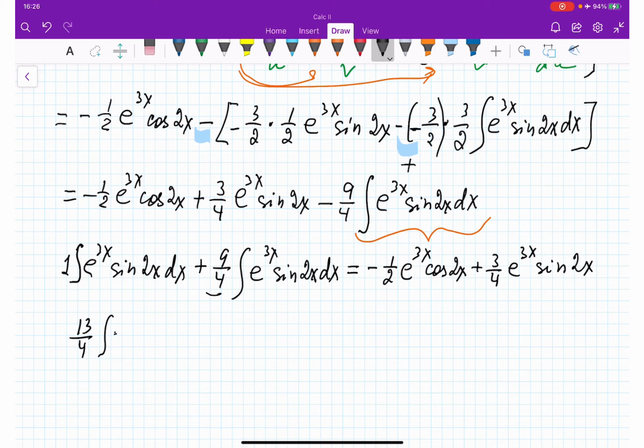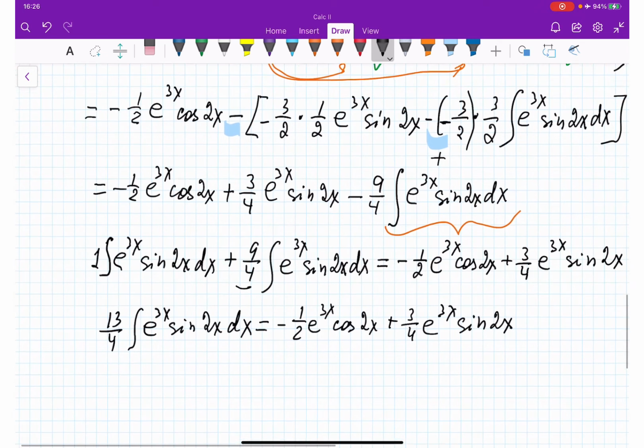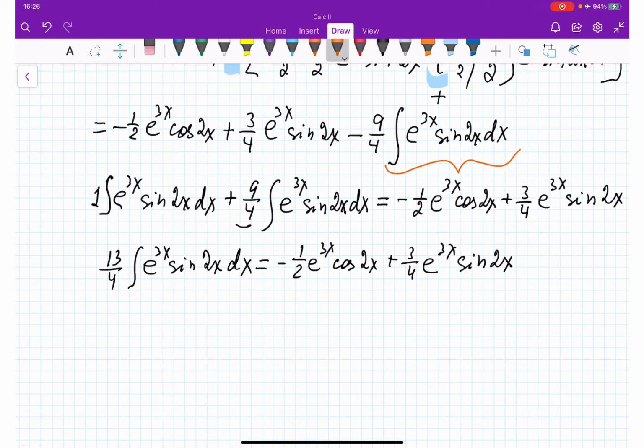So it's going to be, integral e to power 3x sine 2x dx is equal negative 1/2 e to power 3x cosine 2x and plus 3/4 e to power 3x sine 2x. Okay, from here we are going to divide the whole equation by 13 over 4, right?